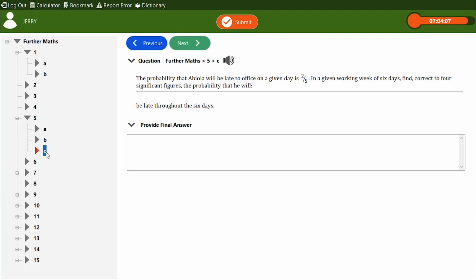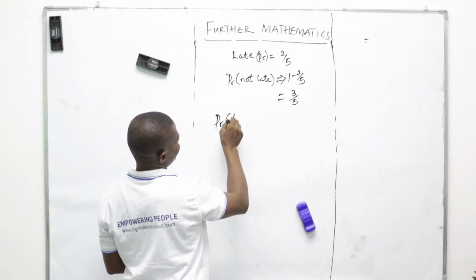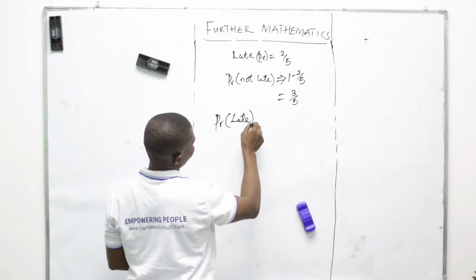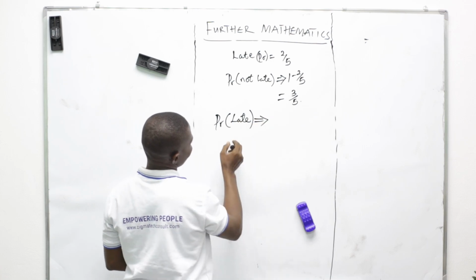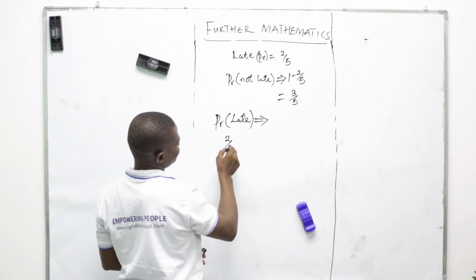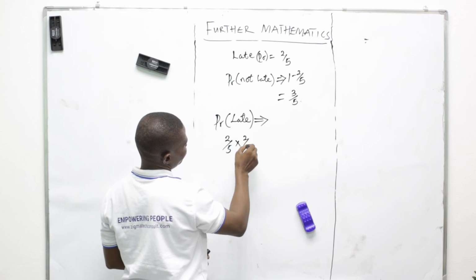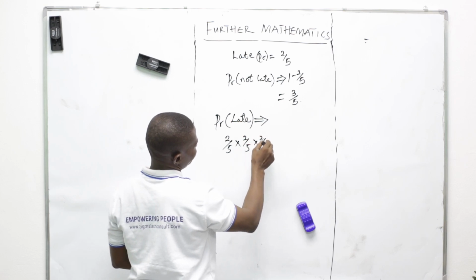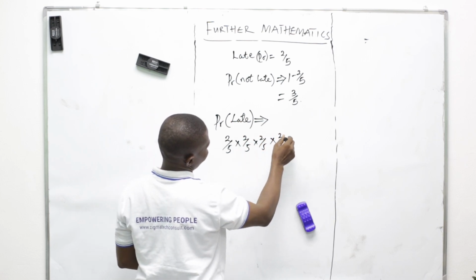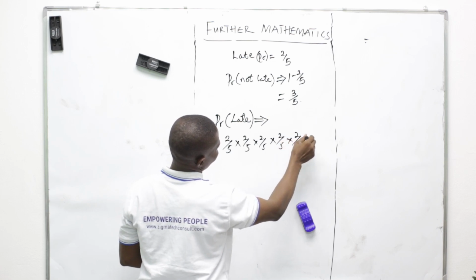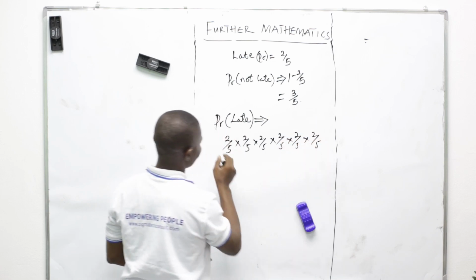I think it's the same process. Late for the 6 days implies 2 over 5 times 2 over 5 times 2 over 5 times 2 over 5 times 2 over 5 times 2 over 5.